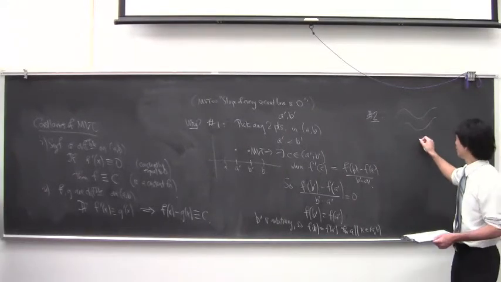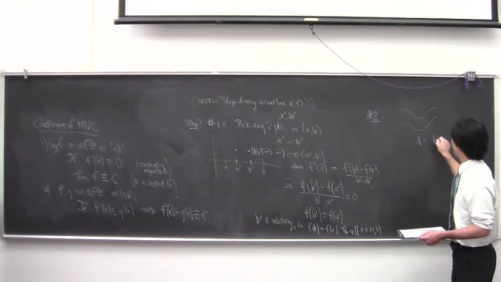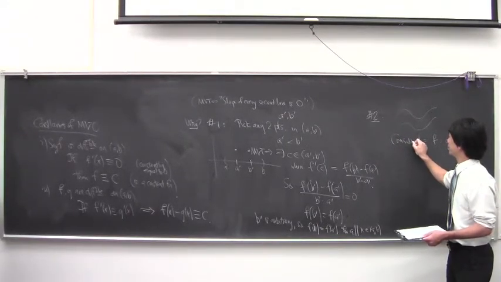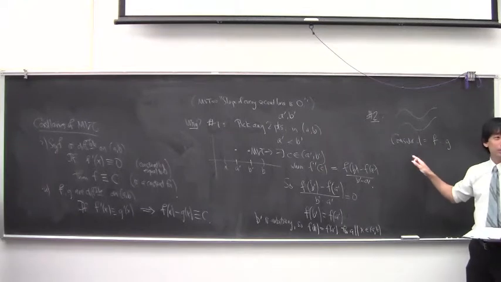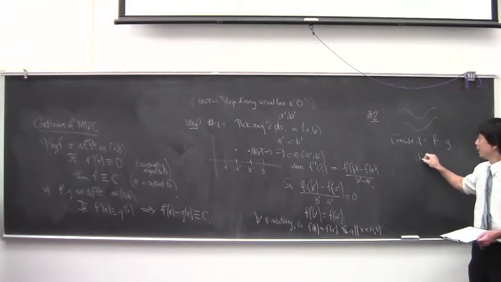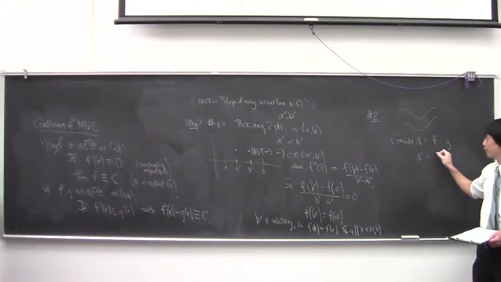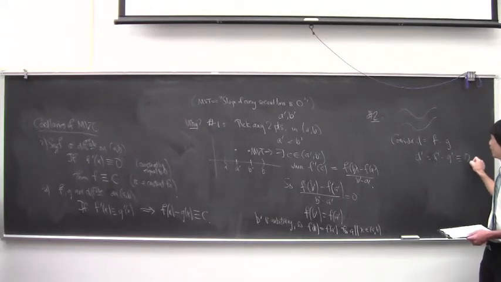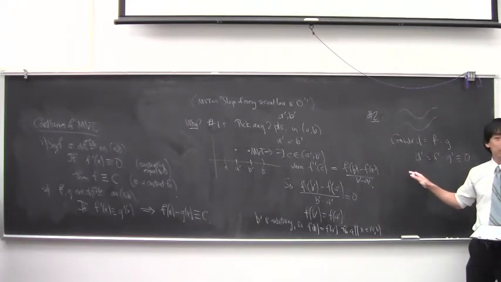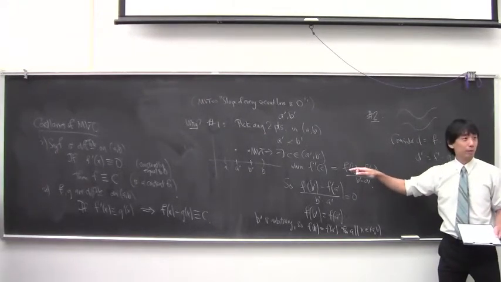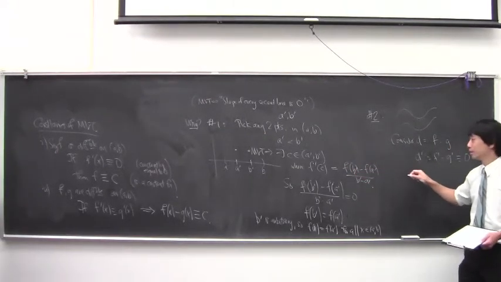Here's the trick. Consider the difference. What can you say about the slope of the difference? D prime is f prime minus g prime, but that's 0 everywhere. What does that tell you? That d is constant. We just said if your slope is 0 everywhere, then you're constant.